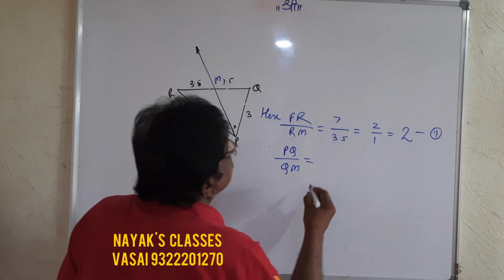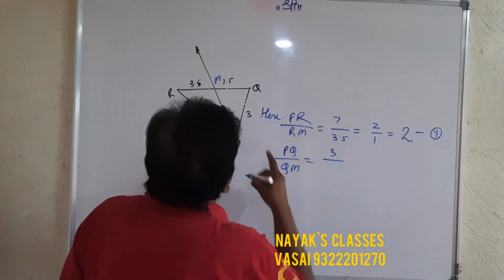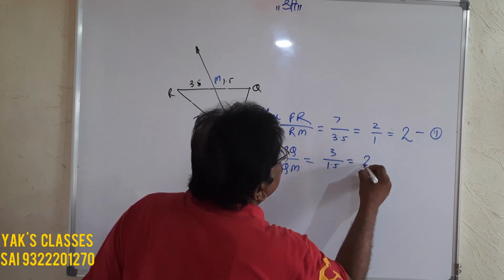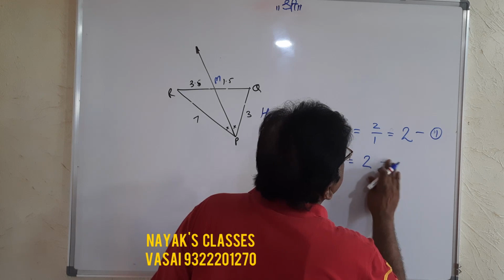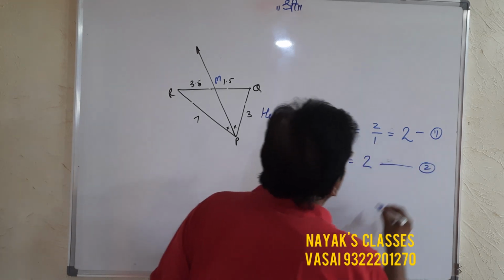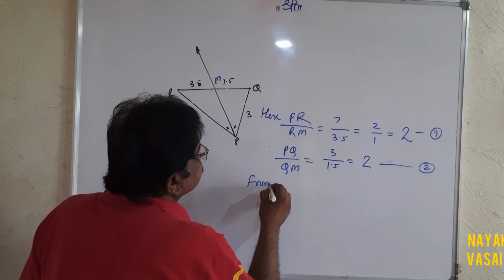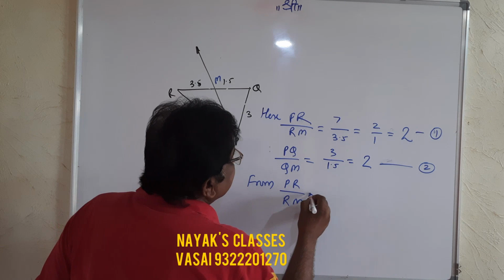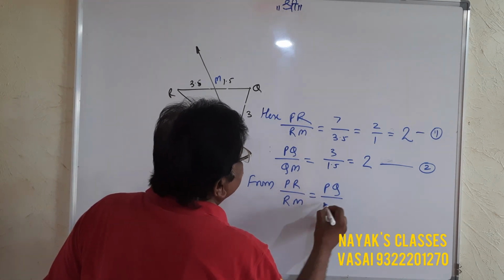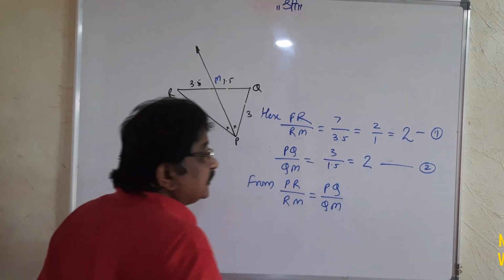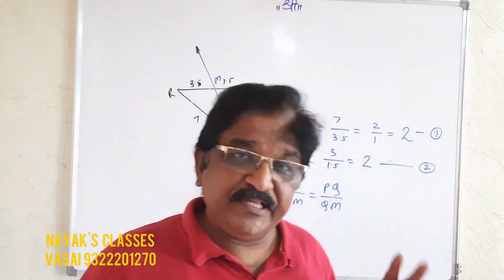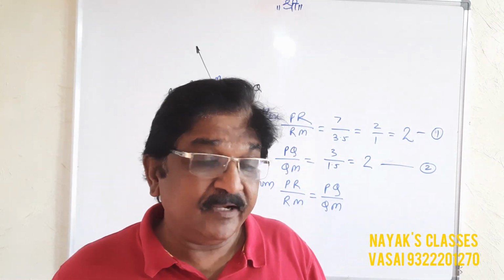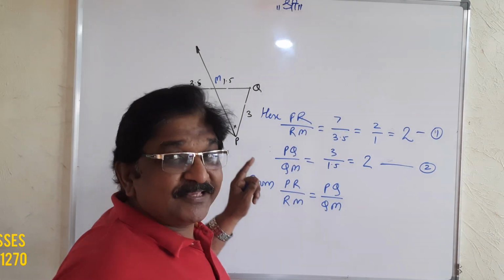It is 3 upon 1.5, which is equal to 2. From 1 and 2, PR upon RM is equal to PQ upon QM. Reason: the answer of both ratios is 2. So the ratios are equal, which means the given ray PM is a bisector.